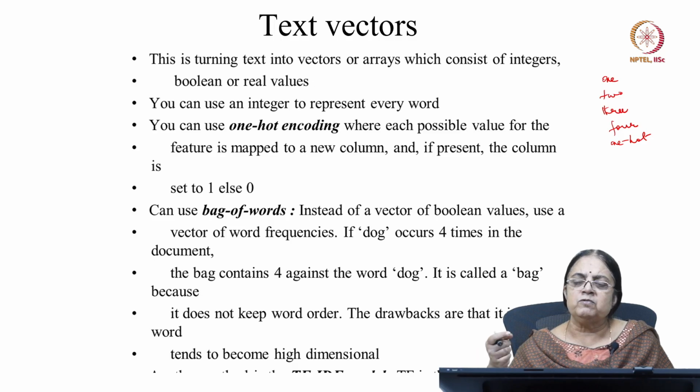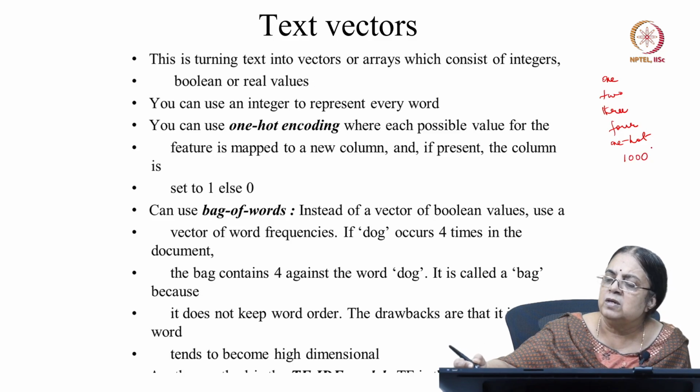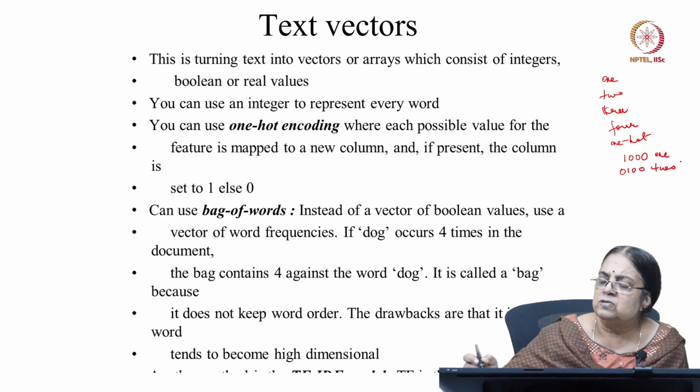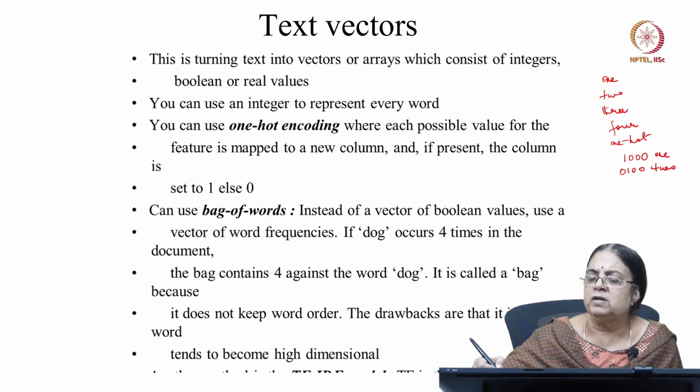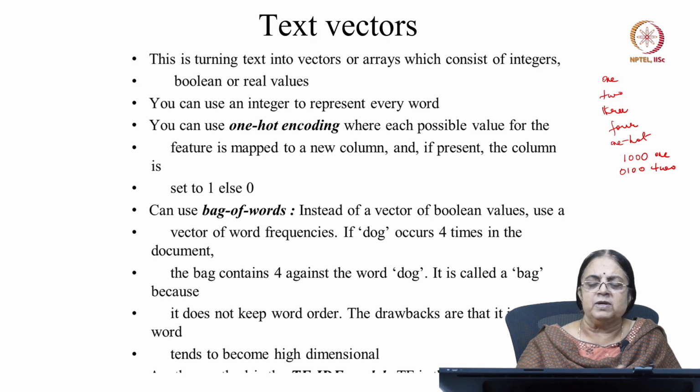Suppose I want to represent 1, I can represent it by the one-hot encoding in this way. If I want to represent 2, I can represent it in this way. So for all the words that you have, that many elements you will have, and to represent one word, one of the elements will be 1.